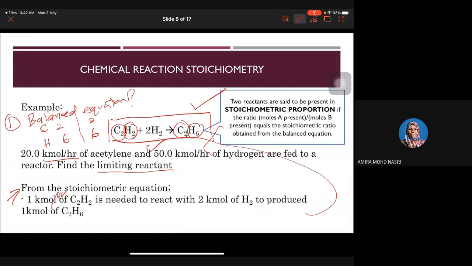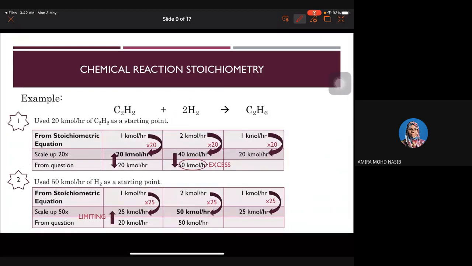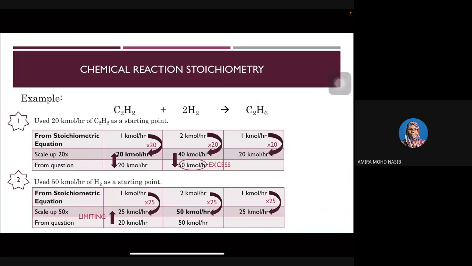Remember, mole, not gram or kilogram. That's wrong. Next. Remember, the question is asking for the limiting reactant.